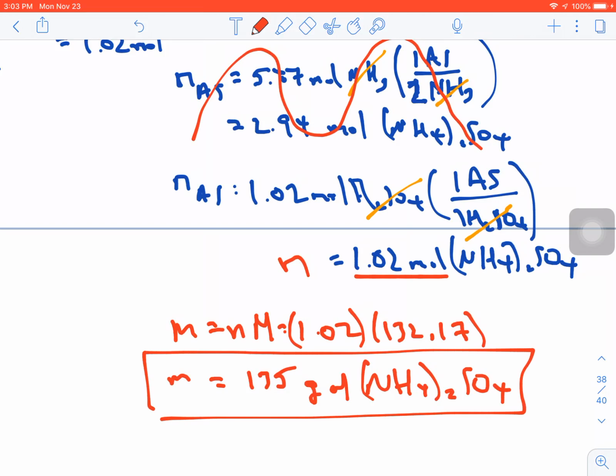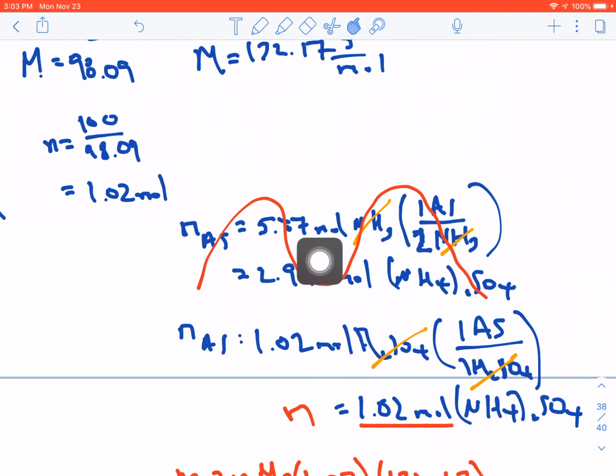Now, again, you might be saying, hang on, whoa, we learned way back when that the mass of all the reactants in a chemical reaction must equal the mass of the products, right? Well, it turns out, remember, we just learned up here that there was too much NH3, way more than I needed.